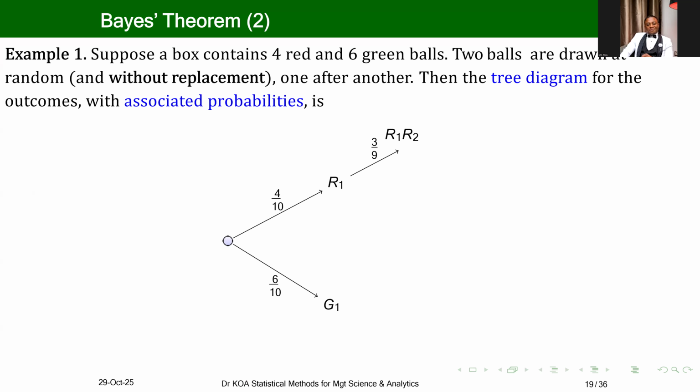Now, when you multiply the two, what do you get? When you want to calculate the probability of R1, R2 itself, when you want to find the two probabilities together, R1, it's 2 over 15.